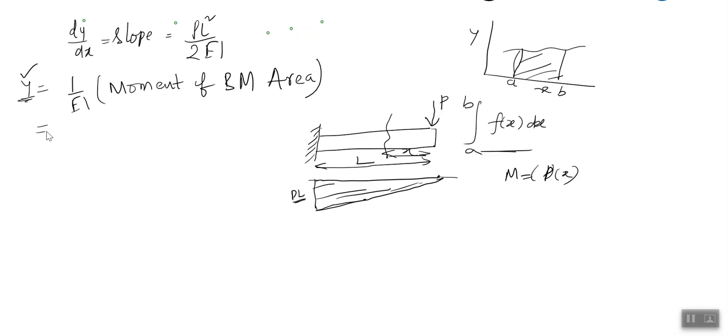Here the bending moment area is nothing but 1 by 2 times PL into L. This is the area.